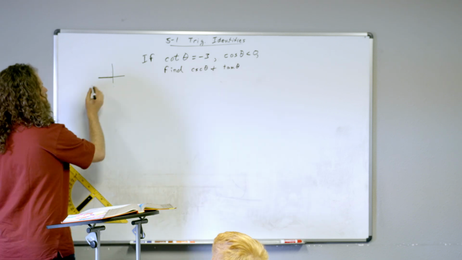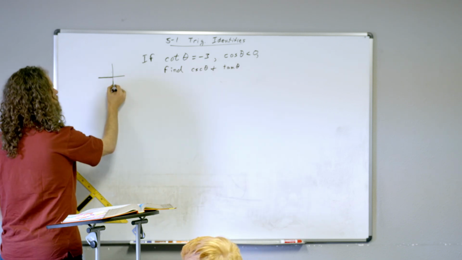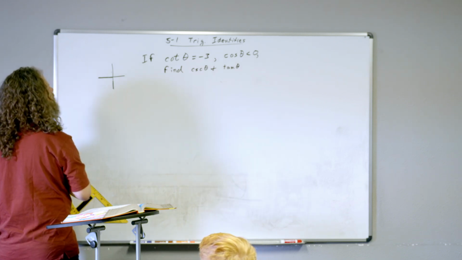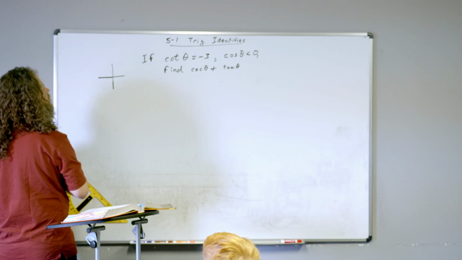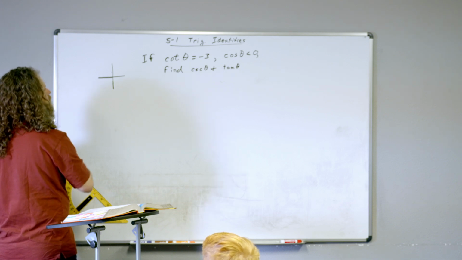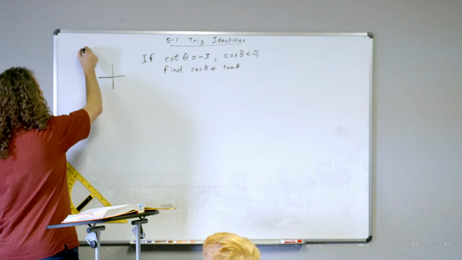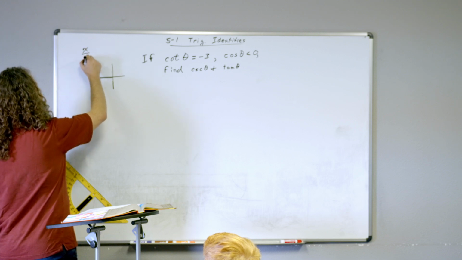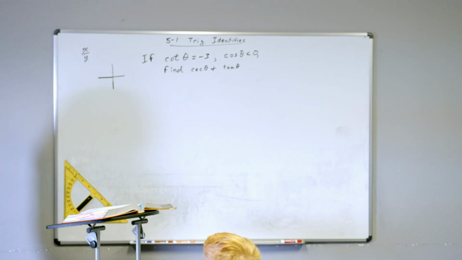What is cotangent? Opposite tangent. That's cos over sine, right? Cotangent's x over y, right? True.